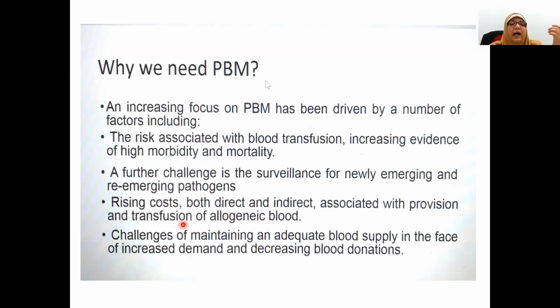Transfusion has also been shown to be associated with increasing evidence of high morbidity and high mortality. And of course, we always have emerging and re-emerging pathogens, which we may not know now that will be a problem later.